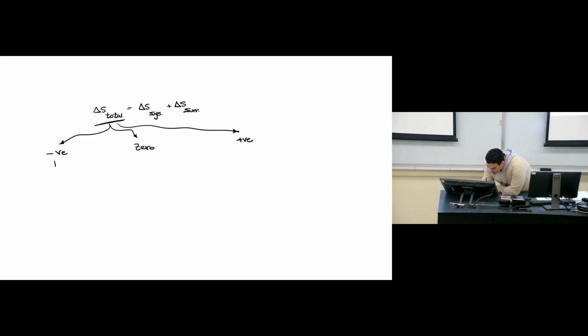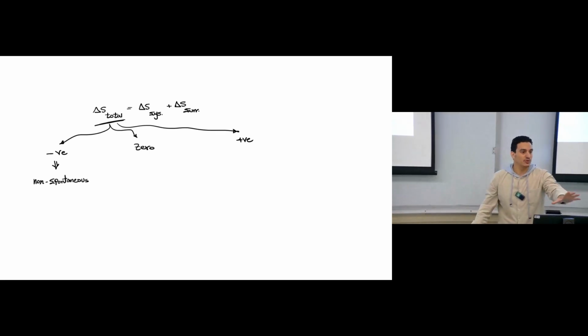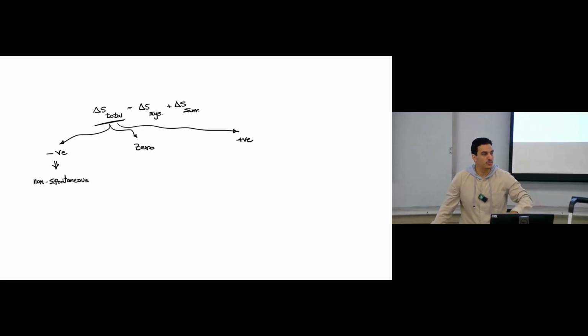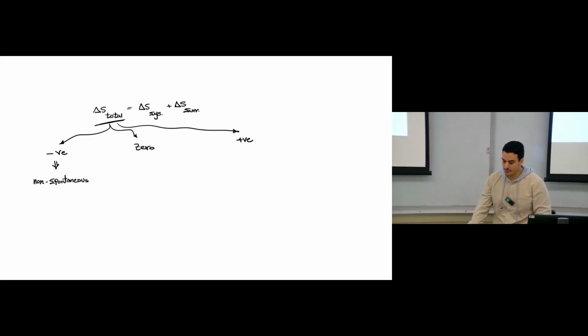If the total entropy change is negative, this means this process is non-spontaneous. This process will not occur by itself. It can occur if you force it to occur, if you apply an external force to push this process in the direction that you want.